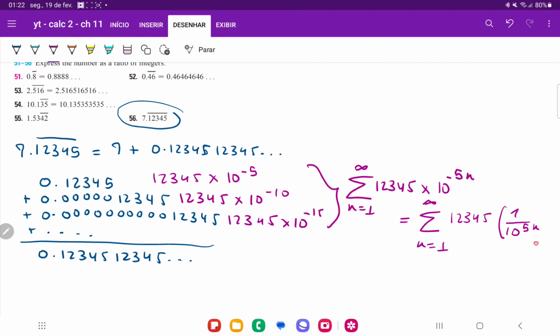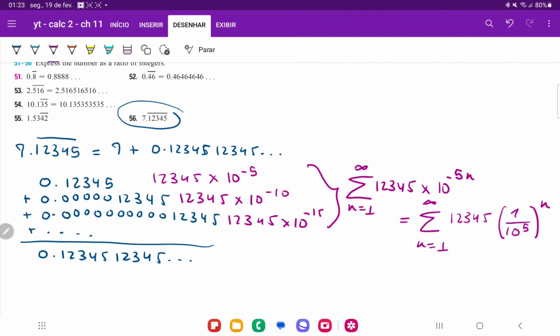Instead of doing that, we can just raise this whole thing to the power of n. And 10 to the power of 5 has 5 decimal places. But we can just leave it this way for now.